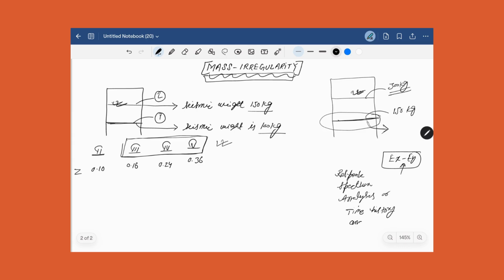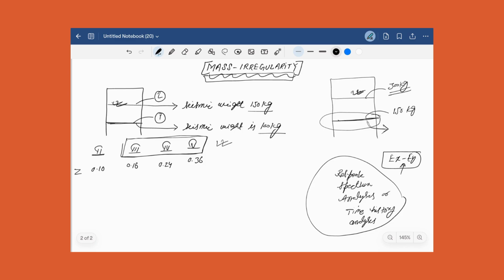So when you start analyzing any type of structure, first you have to check whether your structure has mass irregularity or not. If not, then there is no need to perform it. But if your structure has mass irregularity, it is considered a soft story. So in that case you have to apply response spectrum analysis or time history analysis for that particular floor.